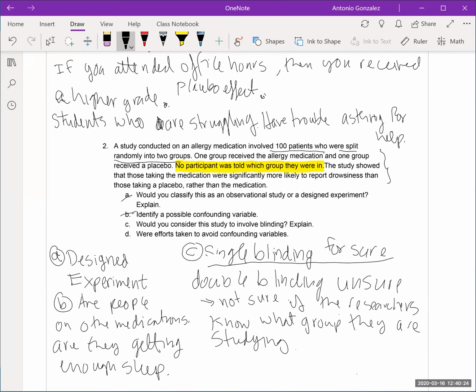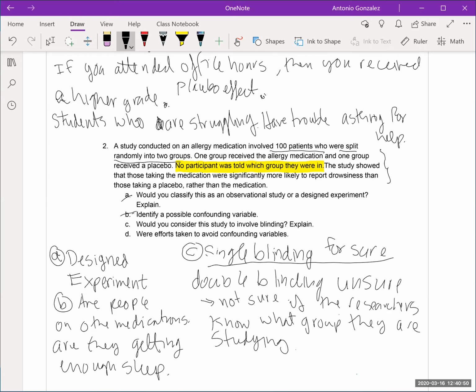Okay, so if it were double blinded, the patients would not know whether they would be in the placebo group or in the not placebo group, and also the researchers would not know which group they were dealing with. They would simply be sent in and told, this group of patients is taking this drug, and you want to record any kind of side effects that they may have.